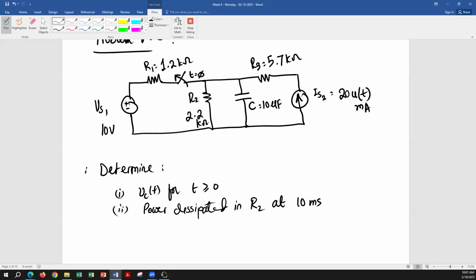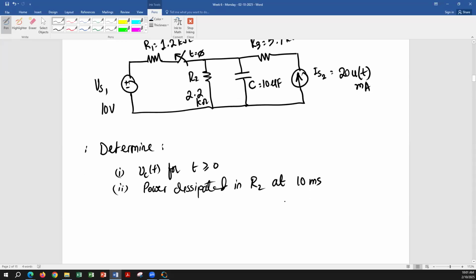So the first thing we're going to do is to find the initial voltage on the capacitor, because we need that voltage to find the equation for the capacitor voltage for t greater or equal to 0. So for t less than 0, assume circuit is running for a long time.